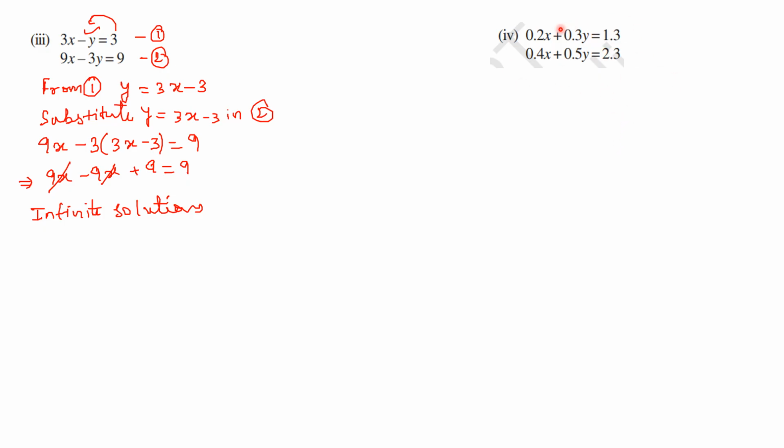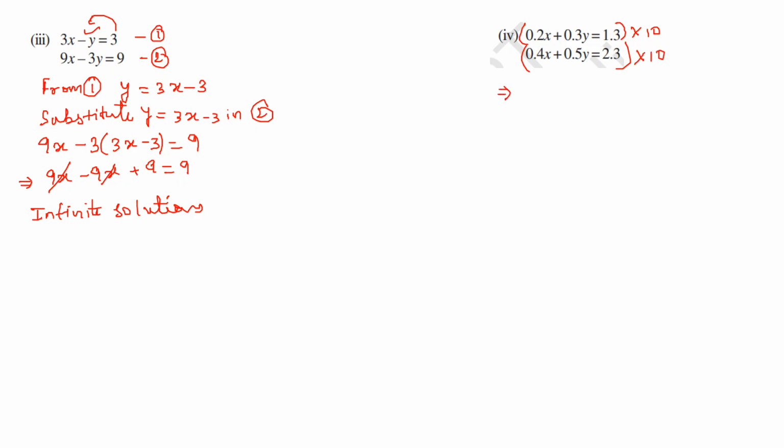Here you can easily eliminate the decimal. How? See, after the decimal only one digit is there in all the terms. So what you can do, you multiply both the equations with 10. Both LHS and RHS, here also multiply by 10 and here also you multiply by 10.